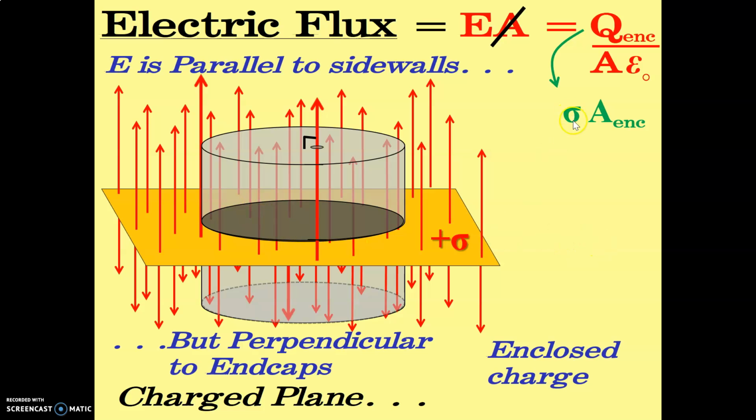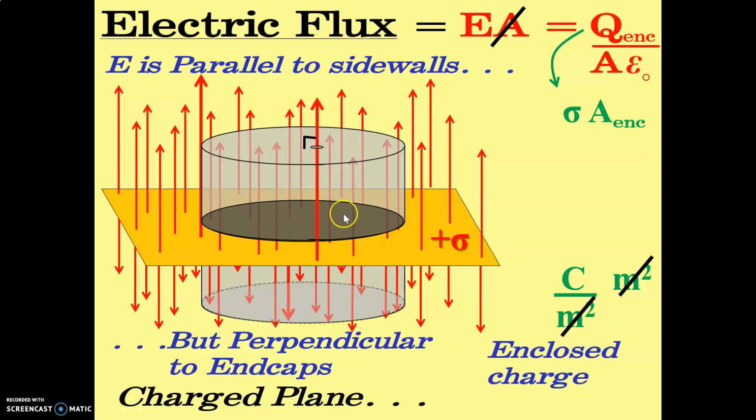Sigma is measured in coulombs per square meter, area is measured in square meters. Because remember, what's supposed to go up top here is the amount of charge enclosed, so we should be looking for the unit of coulombs. Okay, and right down here, coulombs per square meter times square meters is going to leave us with coulombs. So this here is the amount of charge that's enclosed by this enclosing area.